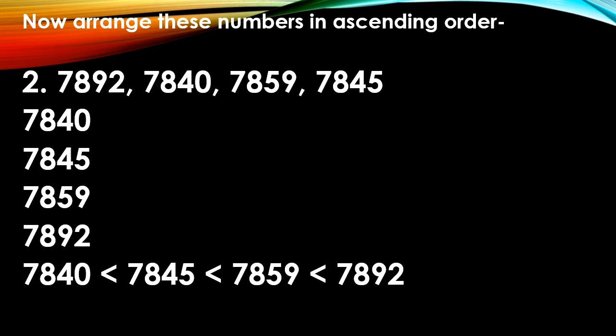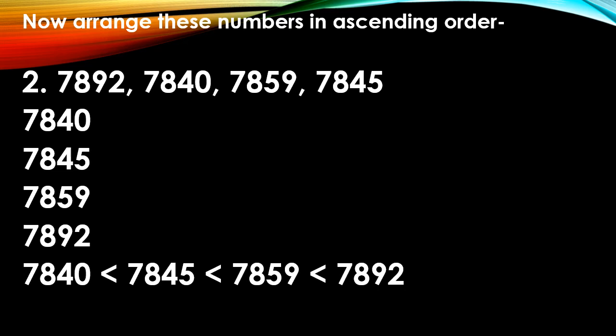Now, since the thousands is same, let us compare the number at hundreds place. Again, all the numbers have 8 at hundreds place and are equal. Our thousands and hundreds place is equal in all the given numbers.